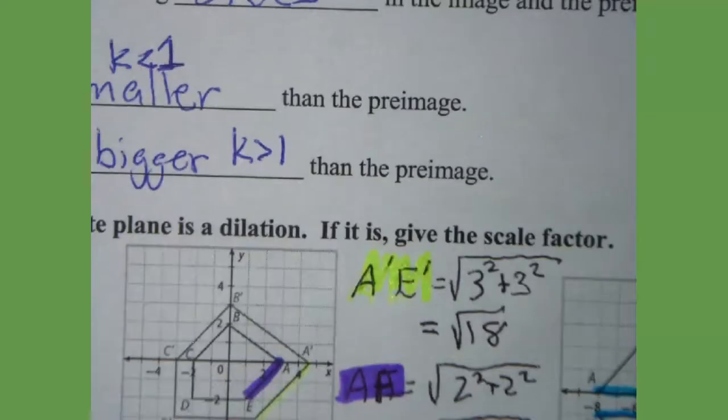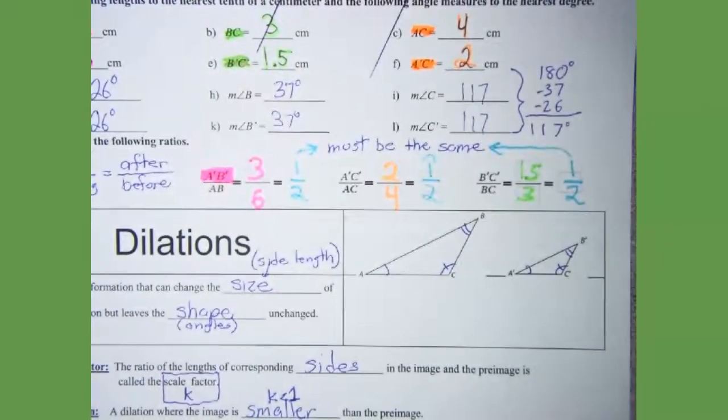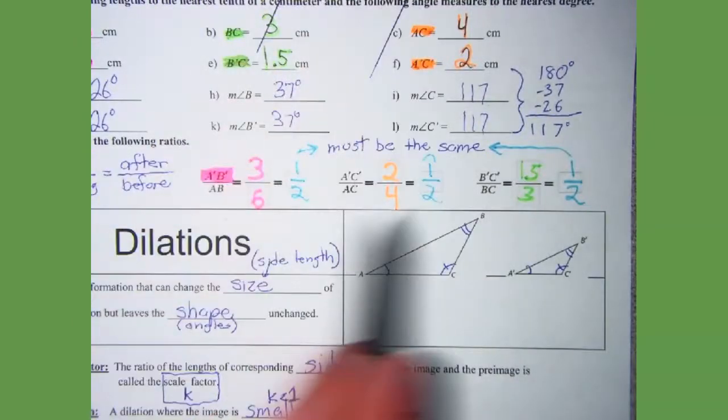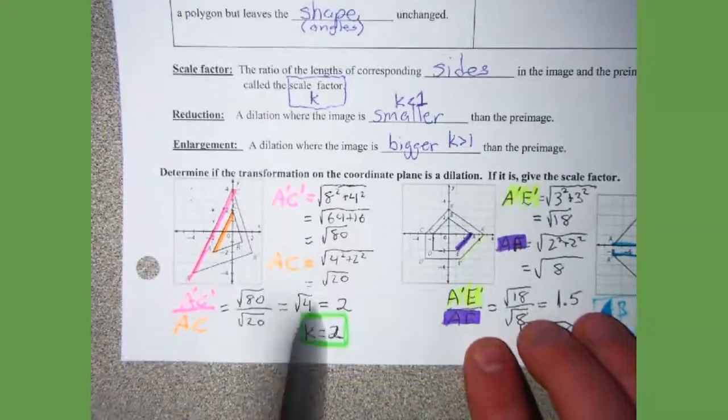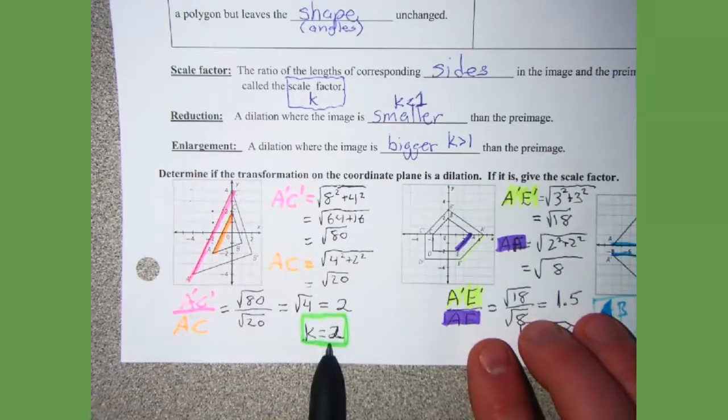Technically, if we're going to be very picky, like we were above, we showed all 3 sides for a 3-sided shape. All 3 sides have the same scale factor. And you'll notice for here, we just did one. But technically, we'd have to do this 2 more times and make sure they all came out to 2.